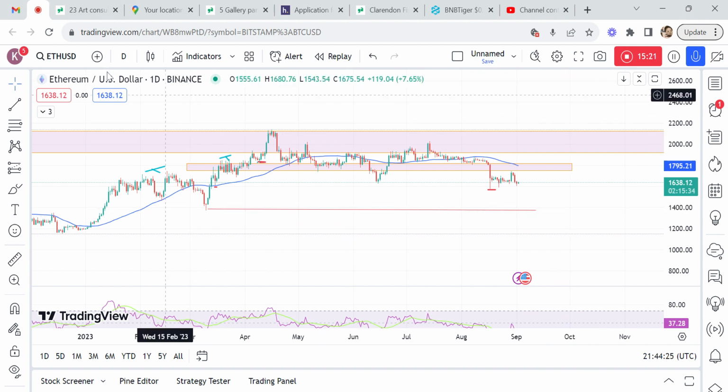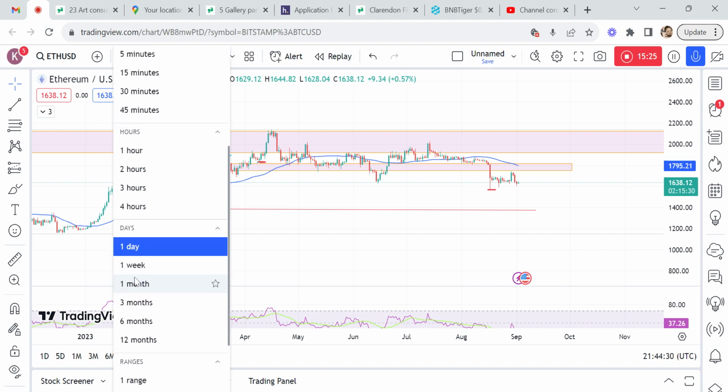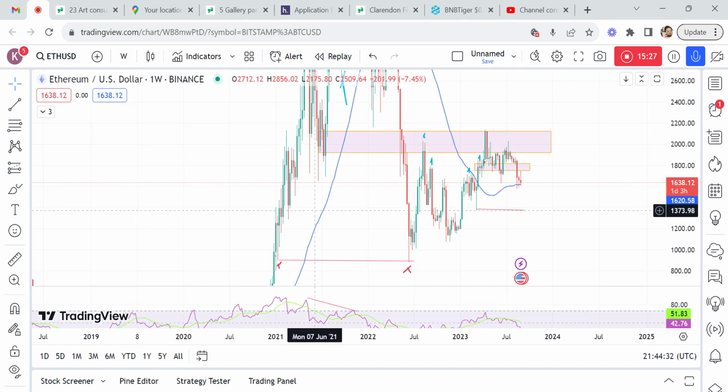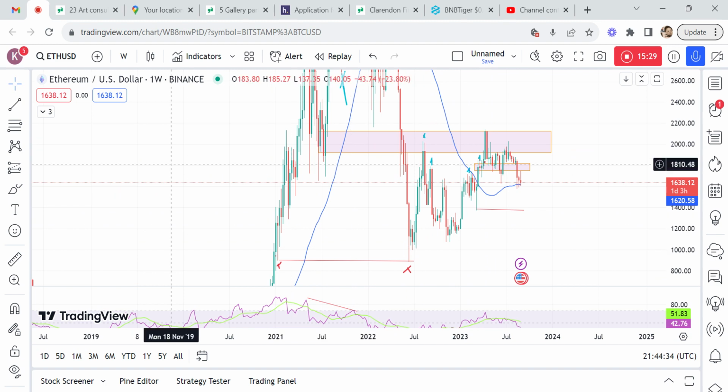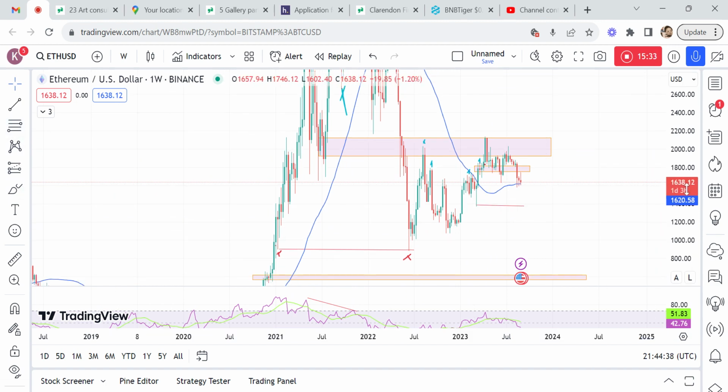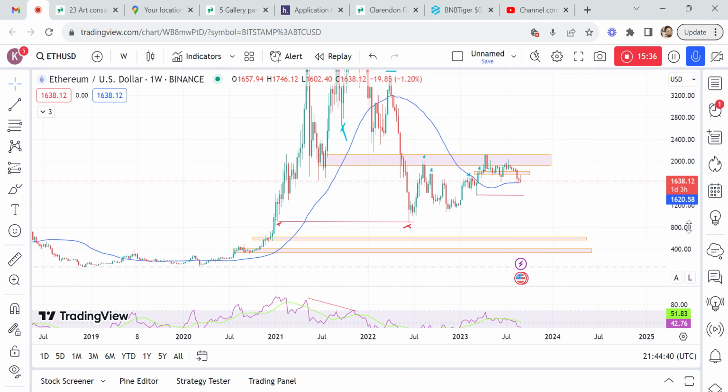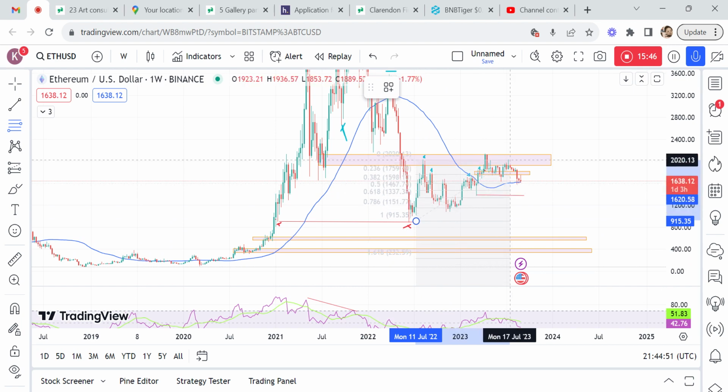Yeah. So what levels are we expecting Ethereum to get to? Okay. So if we are to use our Fibonacci tool, right? Let's first use our Fibonacci tool to at least guess the levels where we are likely to see Ethereum.